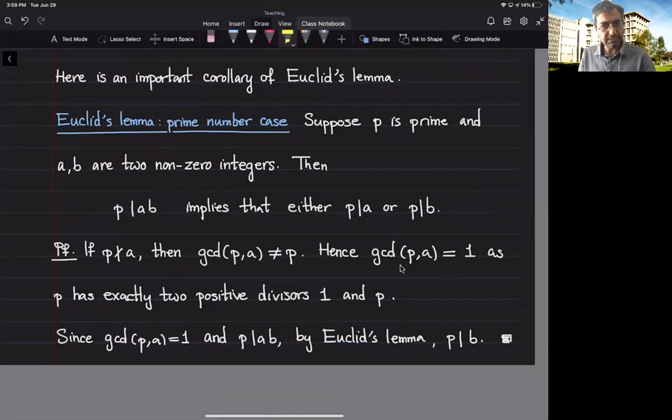So suppose p is prime, and I happen to have 2 integers a and b where their product is divisible by p. Then the claim is either a is divisible by p or b is divisible by p. It's kind of like saying that if a combination of 2 materials has an atom p, then p should appear as an atom in one of them.